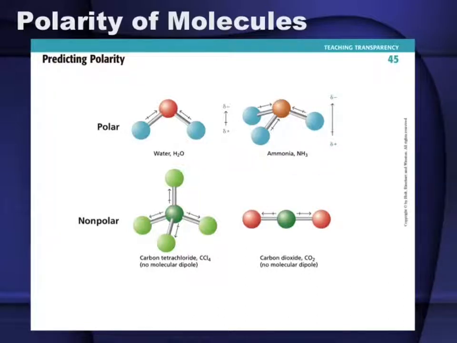Okay, and this is just showing polarity. You can see that this is symmetrical, so this is nonpolar. This is symmetrical, so this is nonpolar. And those up there are asymmetrical, and we have those lone pair electrons.